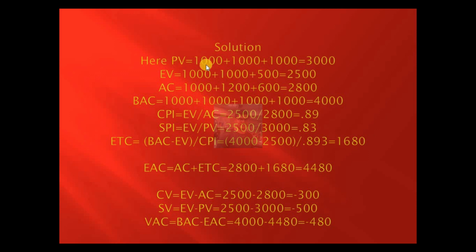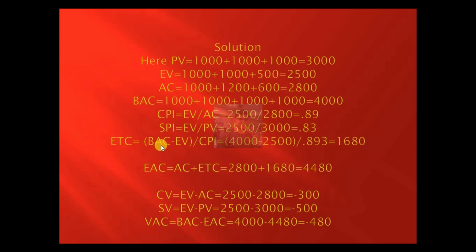So as I have explained, planned value is 3,000, earned value is 2,500, actual cost is 2,800, budget at completion is 4,000. From these we will calculate CPI. CPI means earned value divided by actual cost, 0.89. SPI is earned value divided by planned value, it is 0.83.